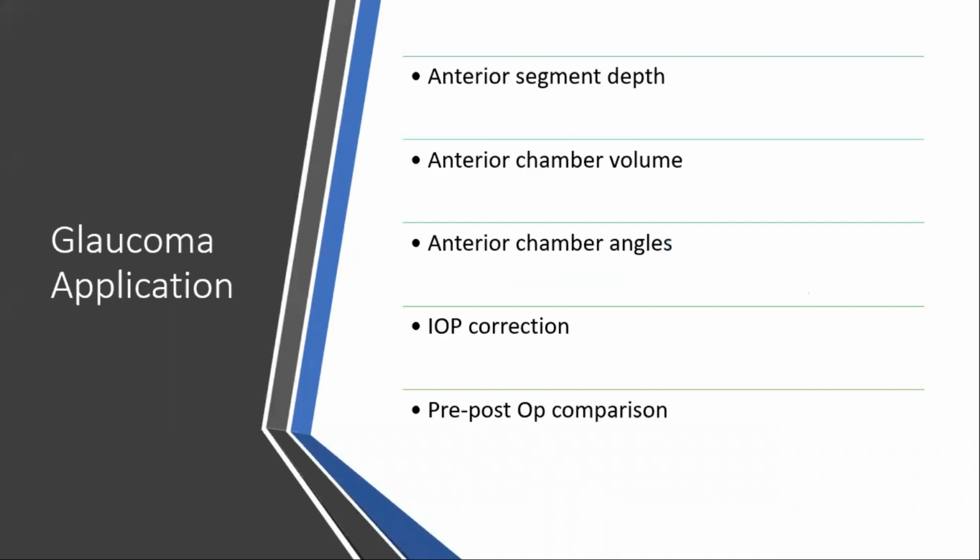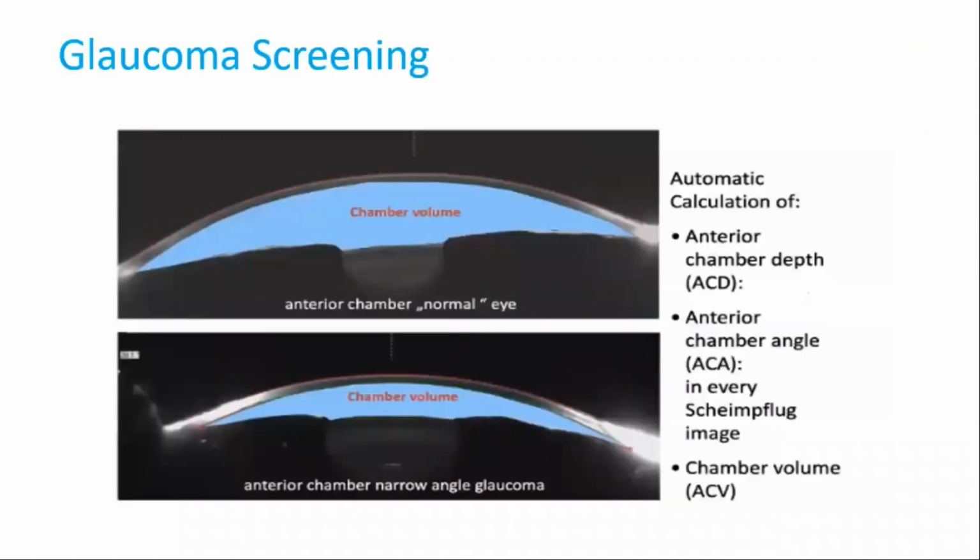So moving on to glaucoma screening, the 3D model of the anterior segment, which is created by Pentacam itself, estimates all these parameters like anterior chamber angle, anterior chamber depth, which is very useful in assessing and monitoring cases of the glaucoma, especially in primary angle closure glaucoma.